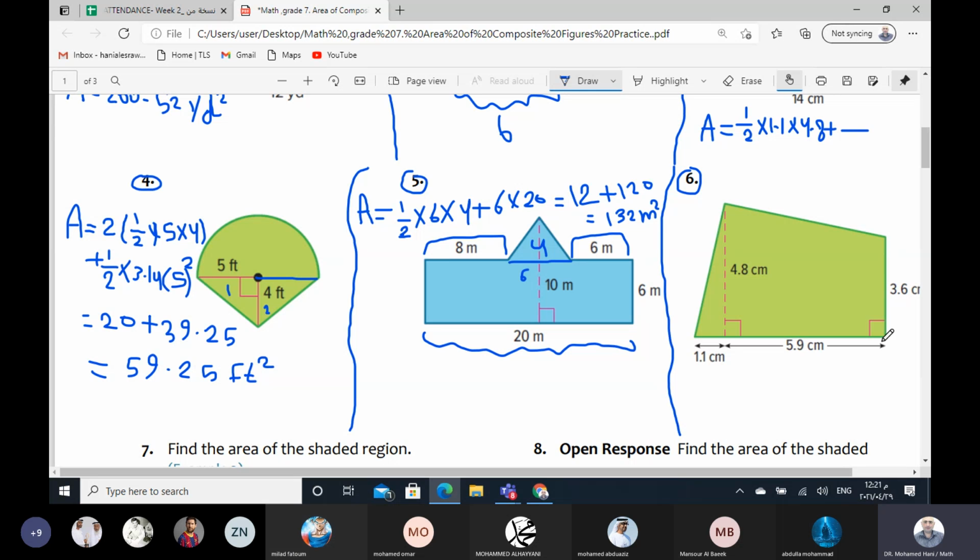The base 1, the small base, will be 3.6 plus the big base 4.8 divided by 2 multiplied by the height. This is the height from this point to this point. This is the height of the trapezoid will be 5.9 times 5.